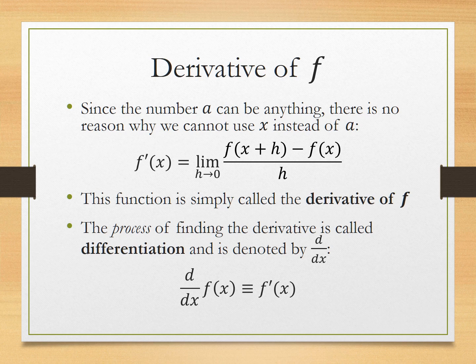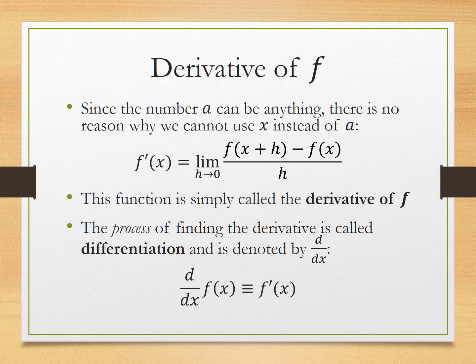The process is denoted by this notation, d over dx. We usually pronounce it just d dx. This works just like any mathematical operator you have learned, like square root. So it's an operator. You put the operator d dx in front of a function that you're trying to differentiate.